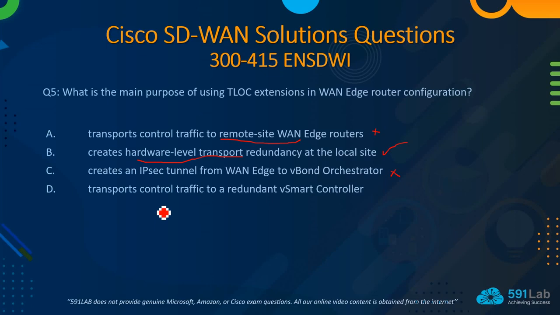Transport control traffic to a redundant vSmart controller. It's not related to vSmart redundancy, it's related to hardware redundancy by extending a physical interface. So this also is not correct, so the correct answer should be B.